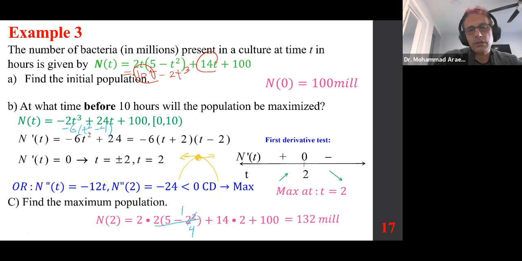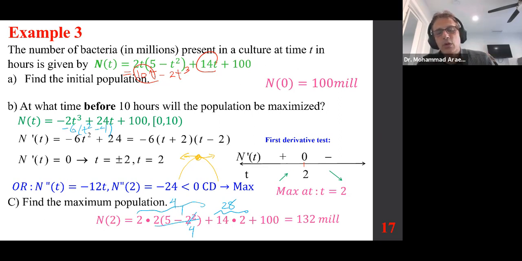So this is 28. So 28 plus 2 times 2 times 1 is 32, with 100, 132 million of bacteria. 132 million of bacteria.